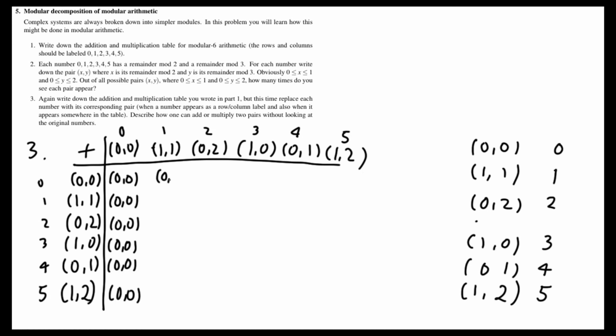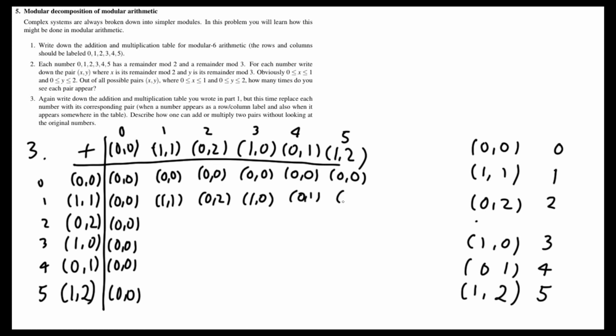Similarly for the first row. And 1 times anything doesn't change it, so this is just the same labels as the top. And similarly for the second column over here, we get the same labels as on the left.